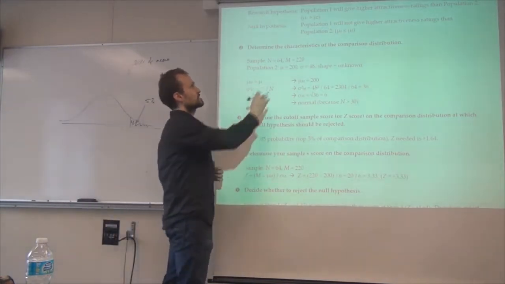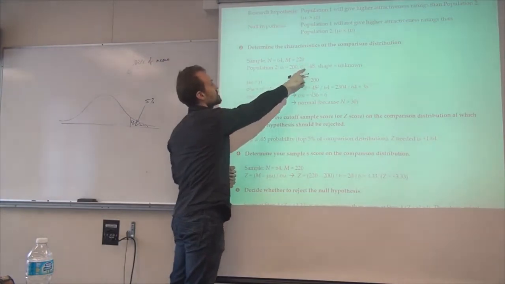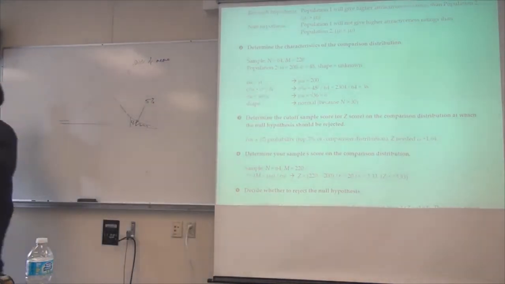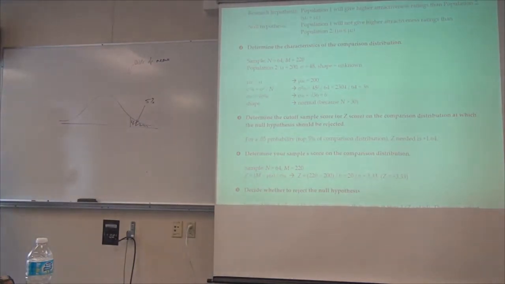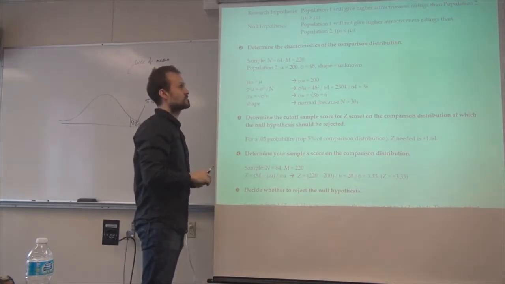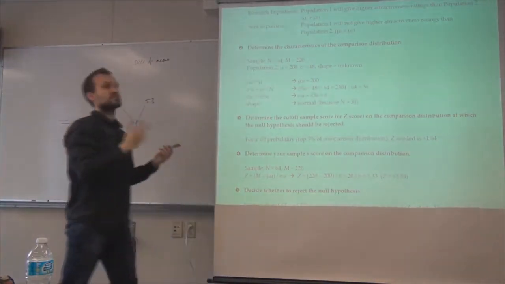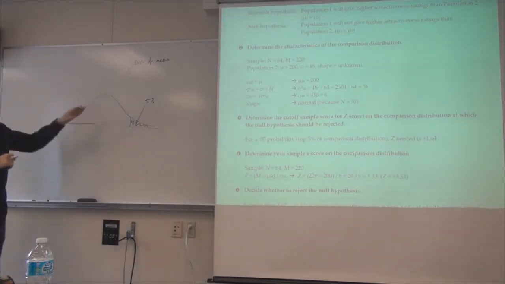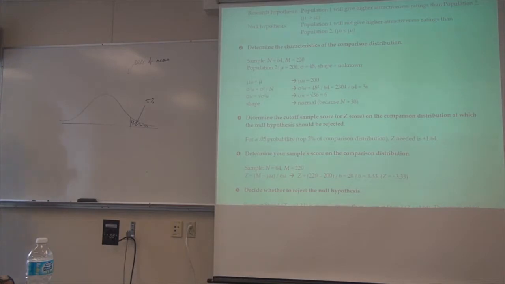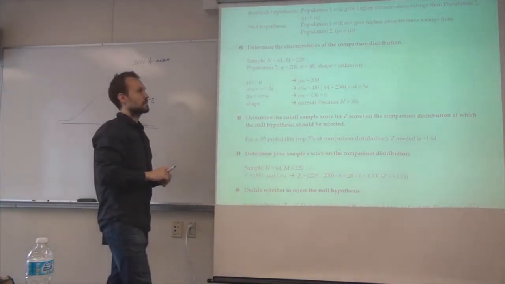Now the population mean is 200 with a standard deviation of 48, and the shape is something else. Doesn't have a name, something strange, not normal. But because my sample size is big enough, it doesn't matter. When I look at the distribution of means, that is going to be a normal shape because I have 30 or more people in my sample.